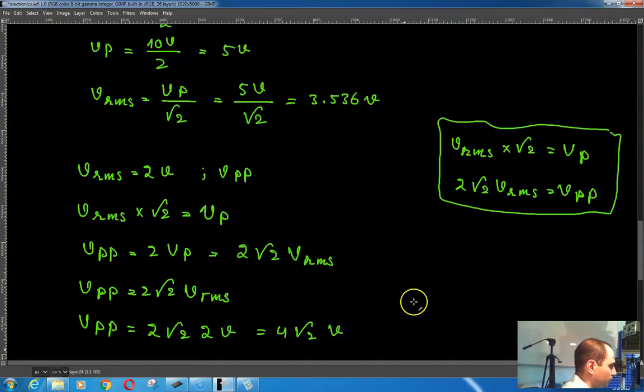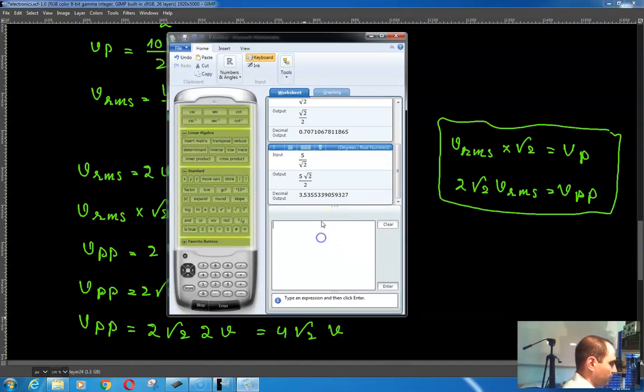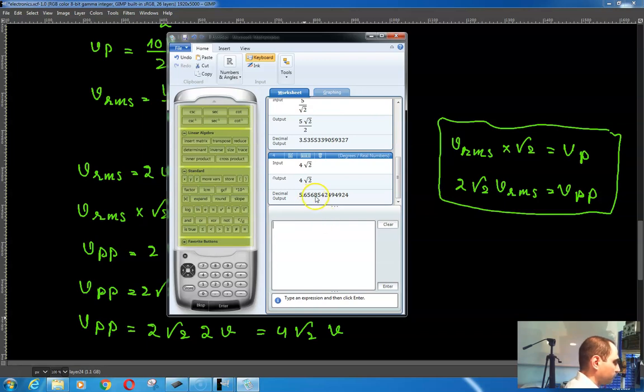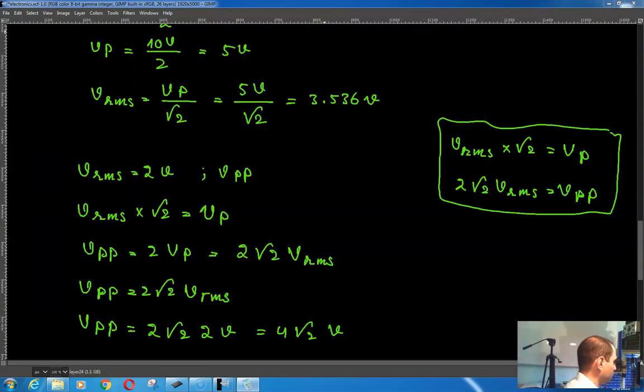And 4 times square root of 2 is equal to 5.657 volts. That's your peak to peak voltage.